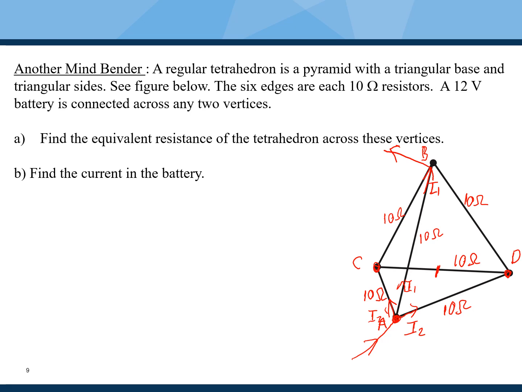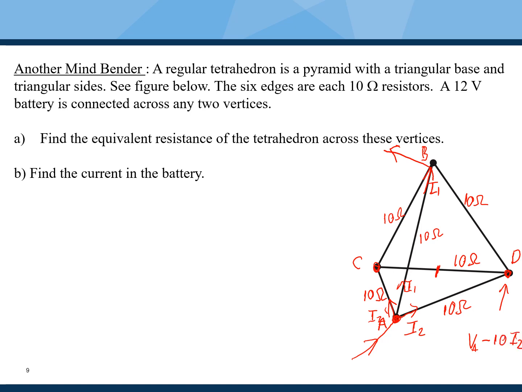C and D will have some reduced voltage, of course, but they'll have the same voltage because the voltage from A is reduced by the same amount at D and C. So the voltage at D is equal to the voltage at A minus 10 ohms times I2.